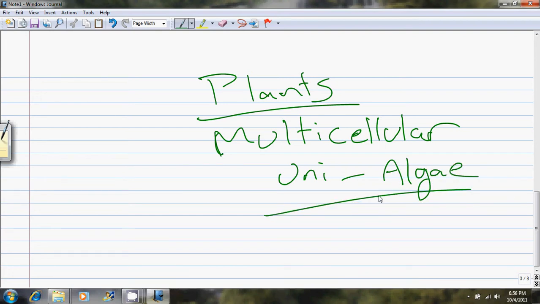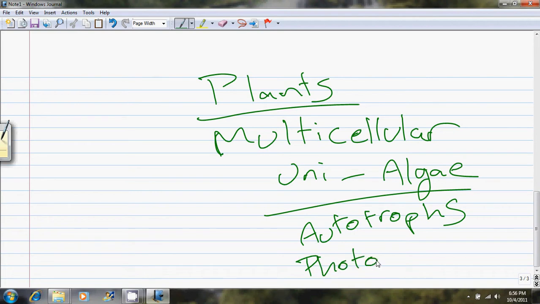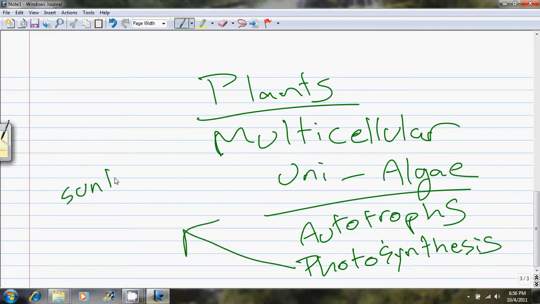We know that they're autotrophs, meaning they're going to go through photosynthesis. And that is where you take sunlight and you turn it into food, into simple sugars that the plant can actually use.